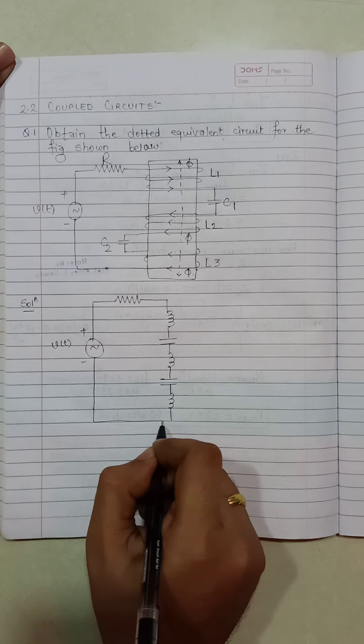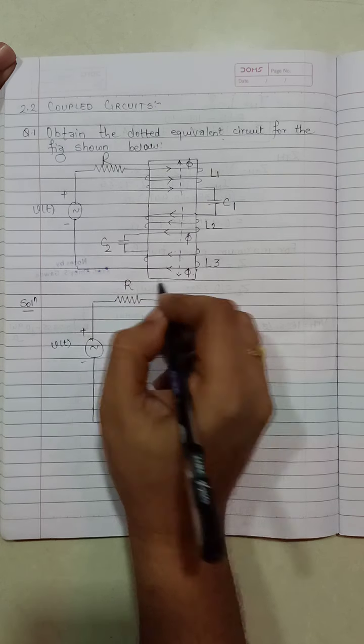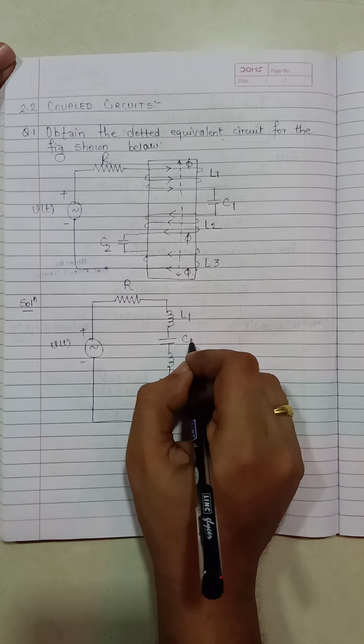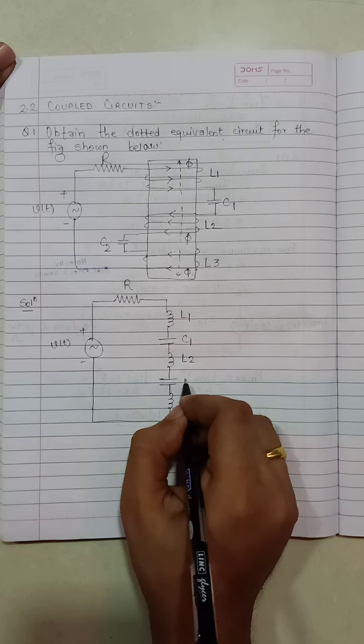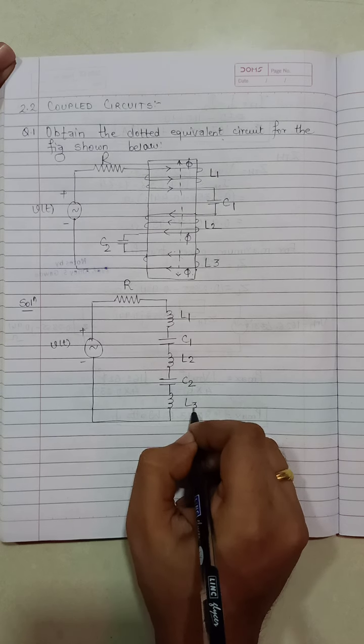So this is the equivalent circuit: R, L1, C1, L2, C2, L3.